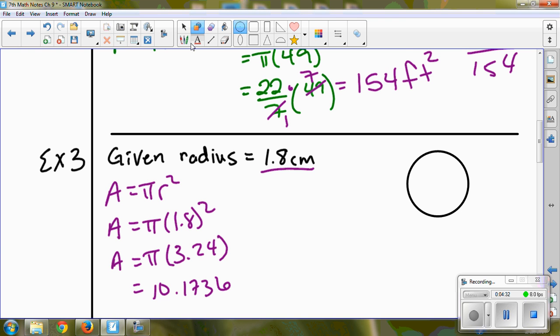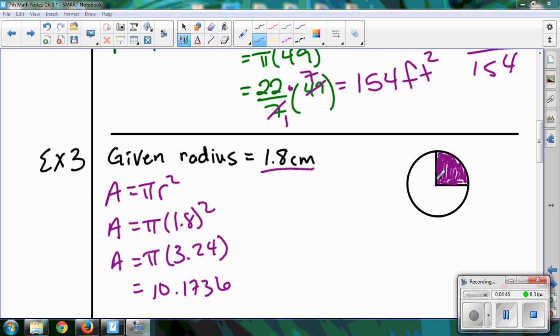If you'll notice in this book, the picture they give us shows a 90-degree angle here. Since it's a 90-degree angle, it's taking up a quarter of the circle, because a quarter of 360 is 90.